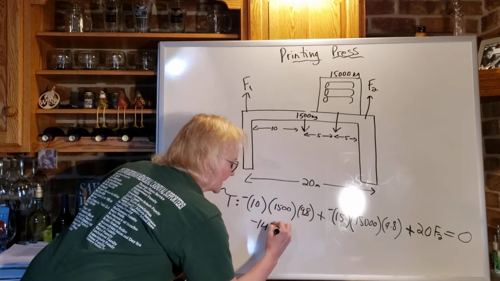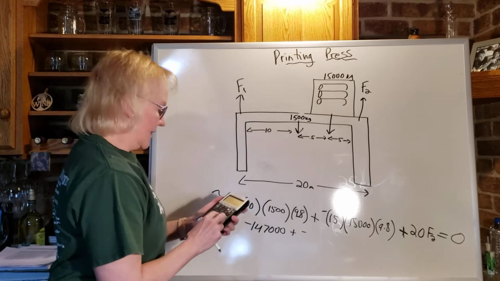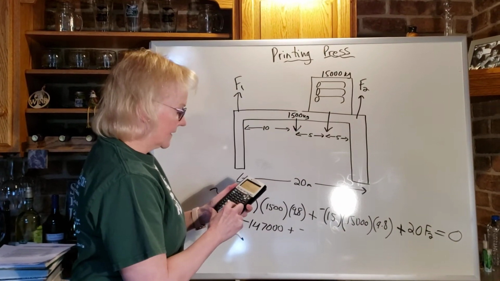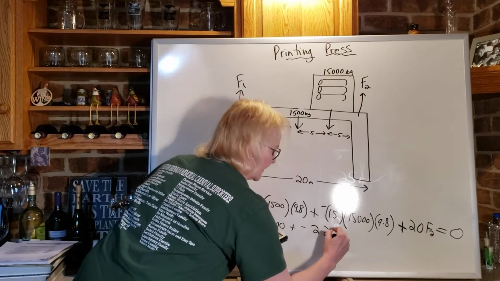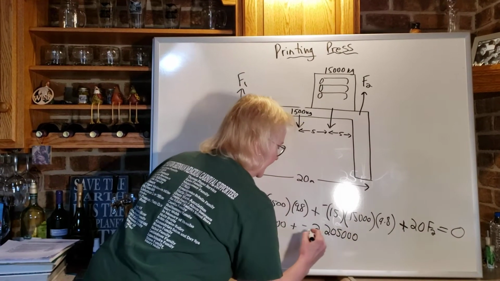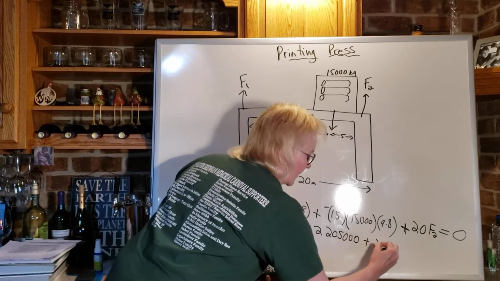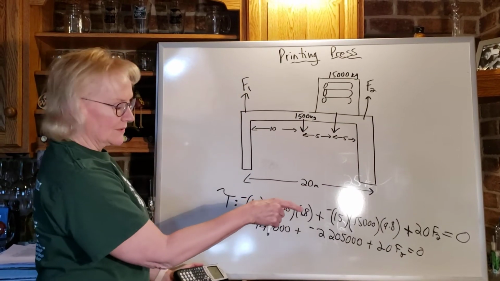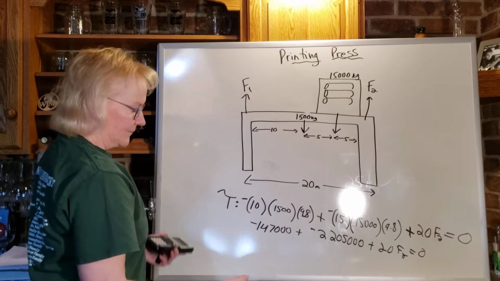Negative 147,000 plus a negative 15 times 15,000 times 9.8, a negative 2,205,000. They're negative, plus 20F2 equals 0. But we can move 20F2 to the other side, and everything can become positive.